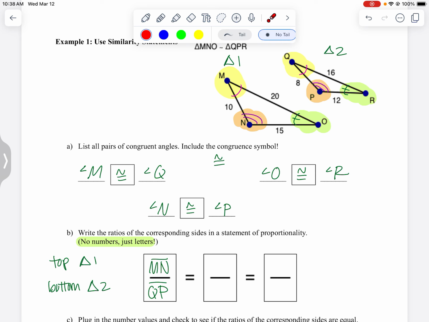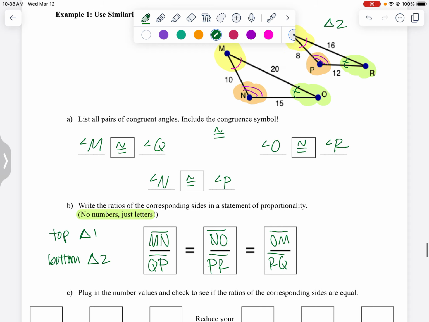Going on to another side of triangle 1, I have NO. My corresponding side matching up with the angles is PR on the bottom. My last side of triangle 1 is OM. And then my corresponding side of triangle 2 is RQ. All right, let's keep on going.